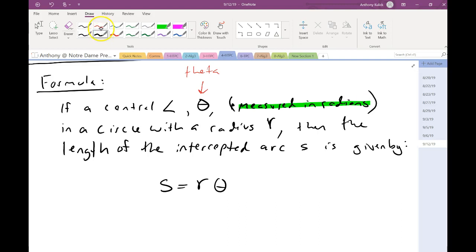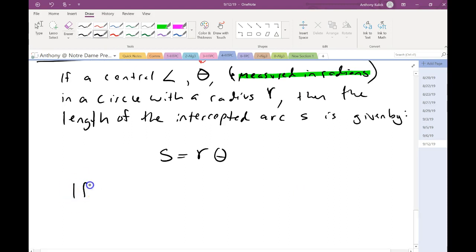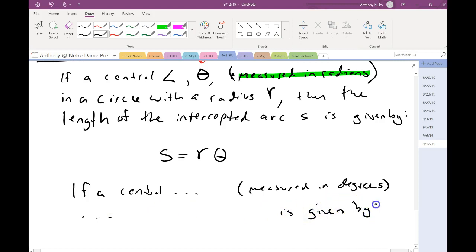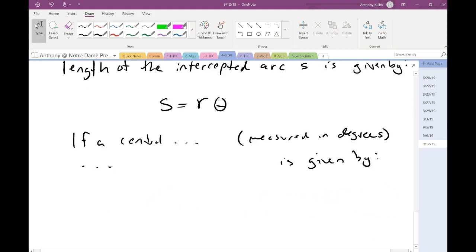How would this formula change if we had an angle in degrees? Well, I could use the same formula if I just converted my angle measure from degrees back into radians, right?